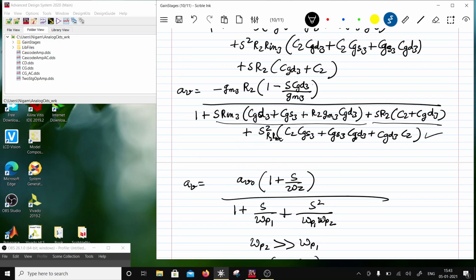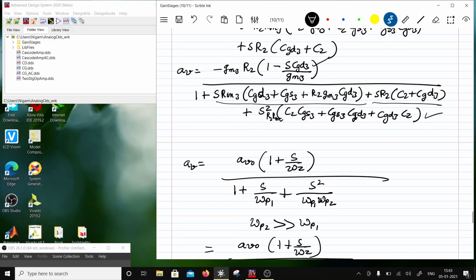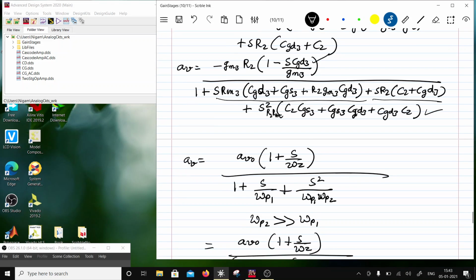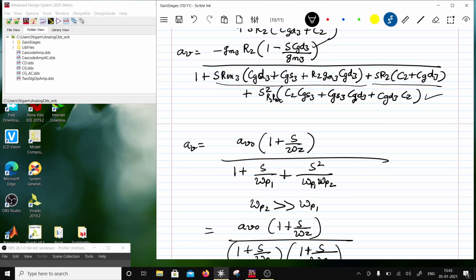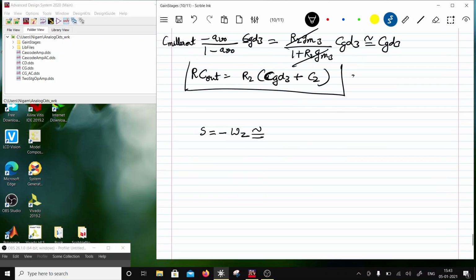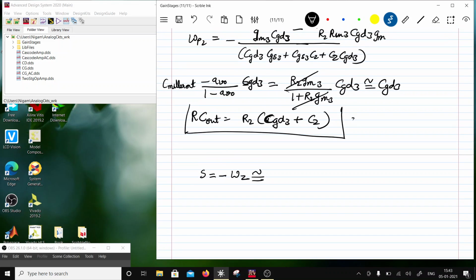Is this term, right? So this term is a negative, so it will be positive, so it will be on the right hand side of the S plane. It will be GM3 by CGD3.